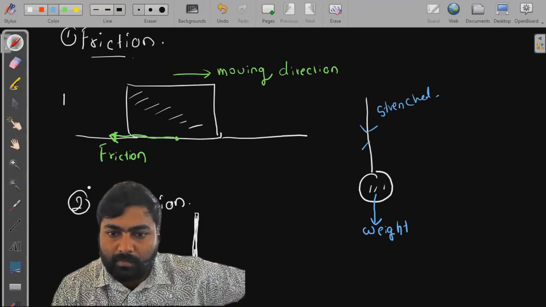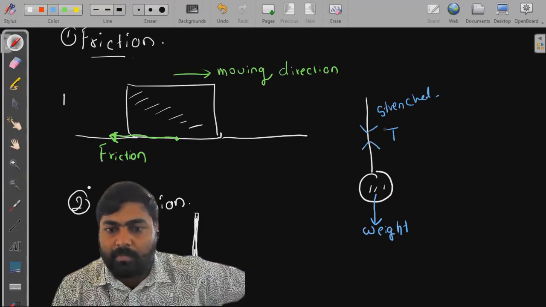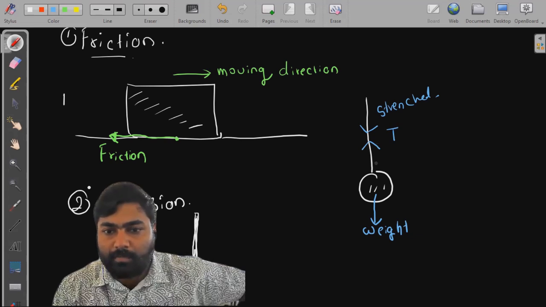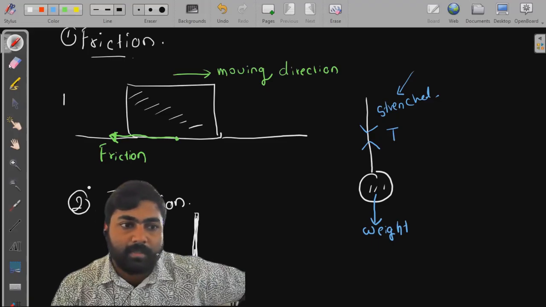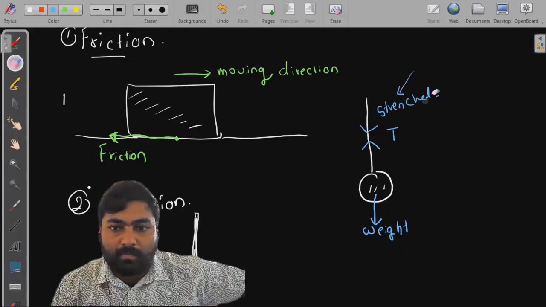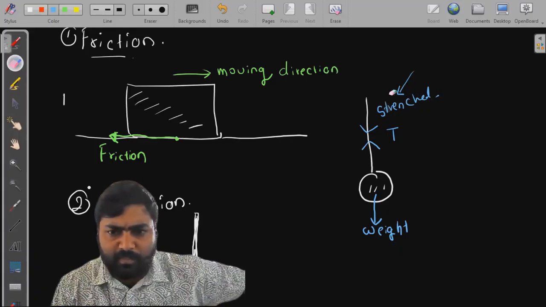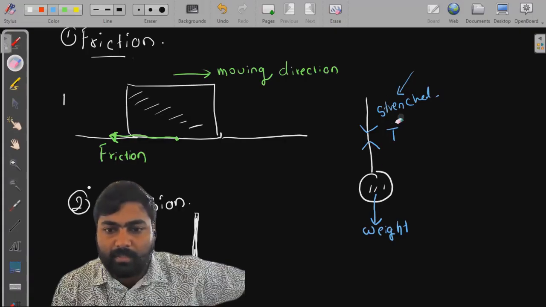We denote tension forces in this manner by the letter T. Actually, this stretching is not due to the tension, but to understand the concept, I told you this. Later, I will tell you what the difference is. For now, think due to the weight, stretching happens, and due to this stretching, tension occurs. Understood?